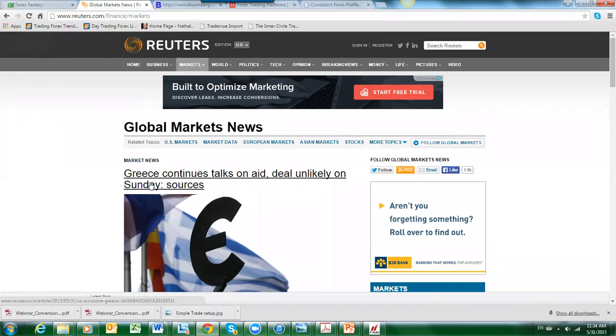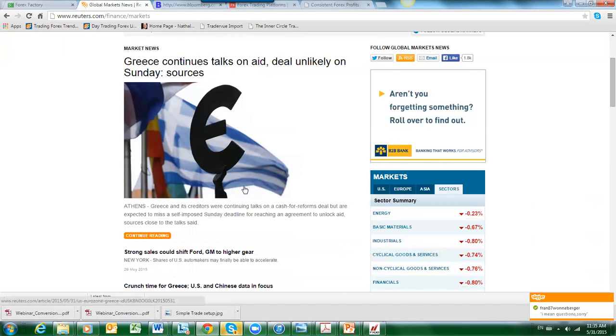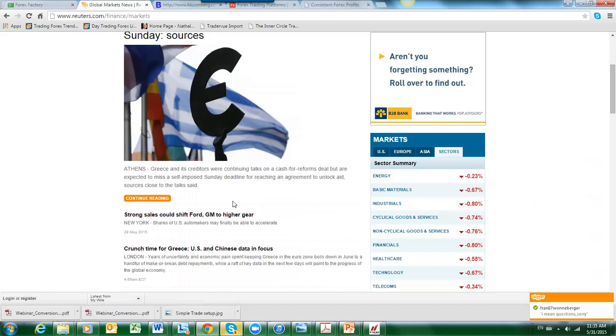We saw G7 meetings over the last 3 days of last week, and there was a lot of news coming out saying that Greece has reached an agreement, or is on its way to reaching one, which the markets saw as positive news, and we saw Euro pulling back up. Now they're saying there's no talk about an aid, so that's something to look at as well.